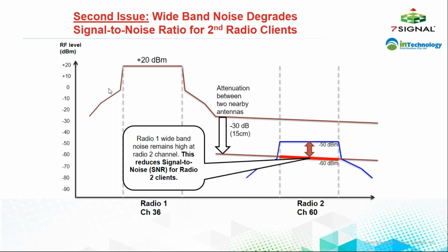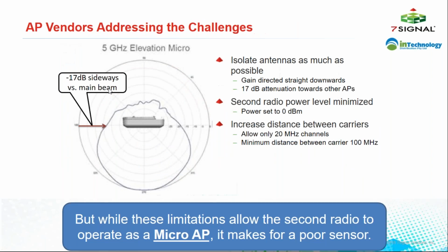So that's the problem. With this being said, Cisco and others said to themselves, okay, we recognize that this is a real issue, that we've got these two radios next to each other. We get it. However, in order to eliminate this issue with the attenuation, they use the second radio as a microcell.